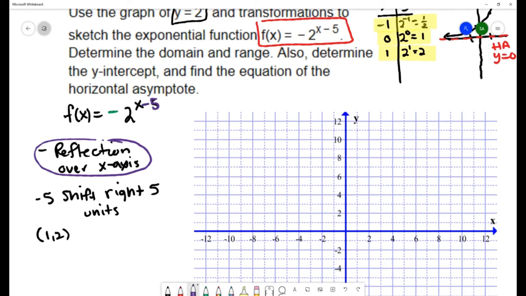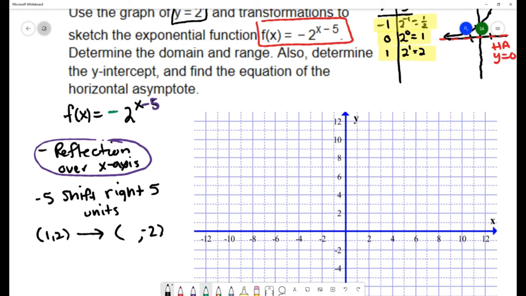And so what's going to happen is that ordered pair will transform to having the y-coordinate be the opposite of what it was. So it was above the x-axis at 2. When we reflect it, it's below the x-axis, becoming negative 2.